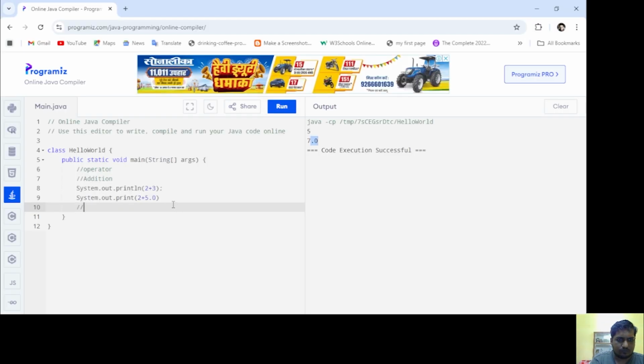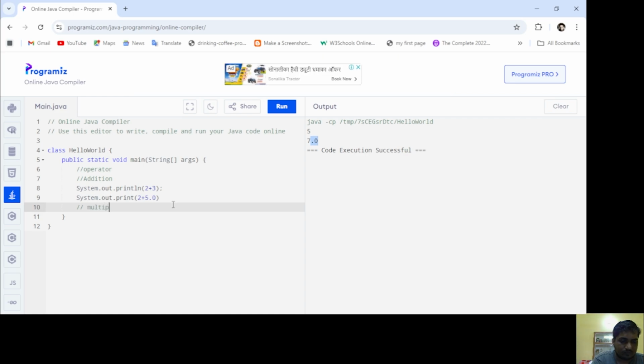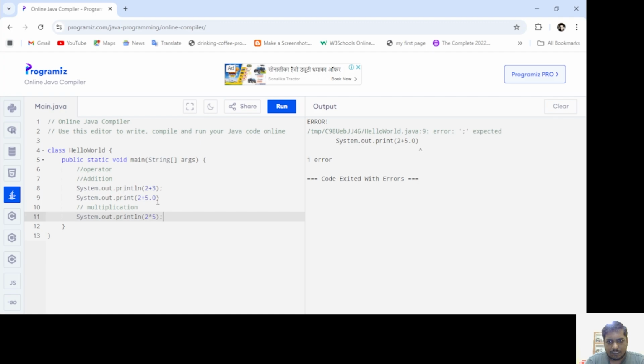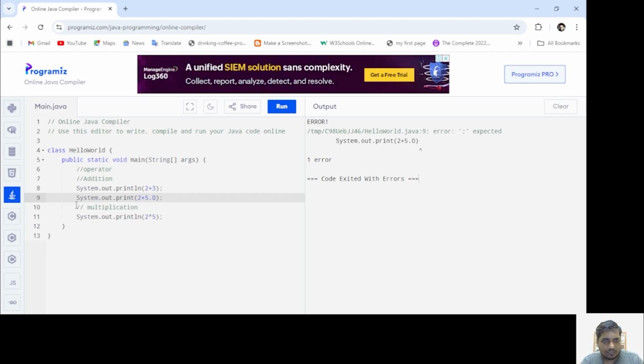Similarly for multiplication, we write system.out.println and do the multiplication. 2 into 5 will normally give a positive integer value. Sorry, I comment that all.